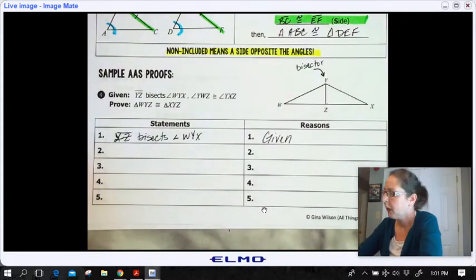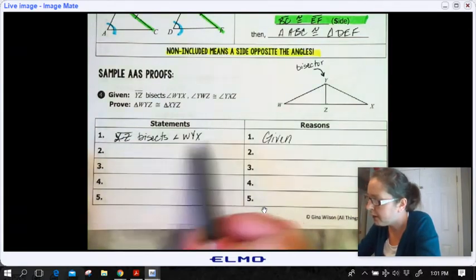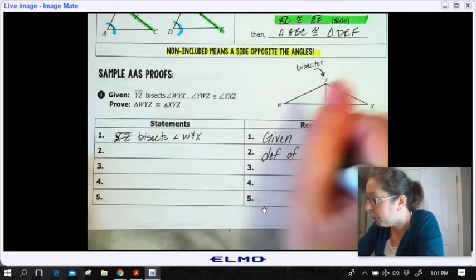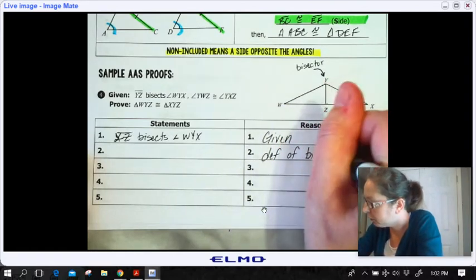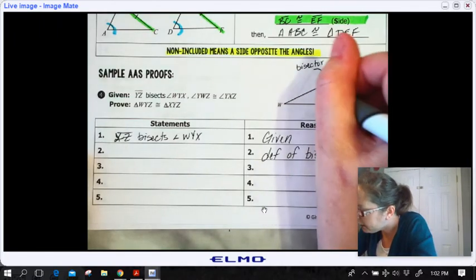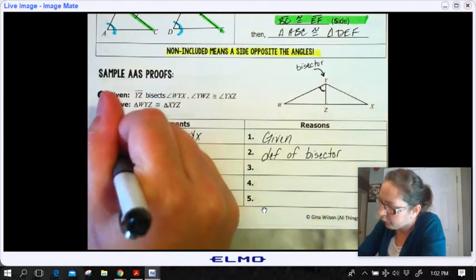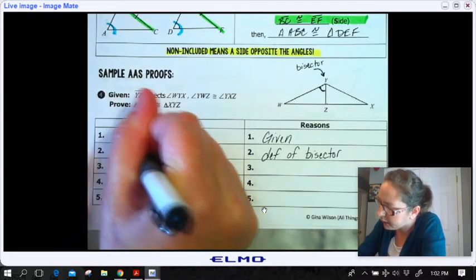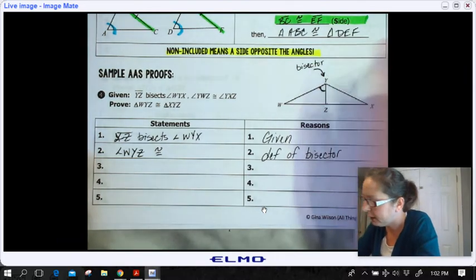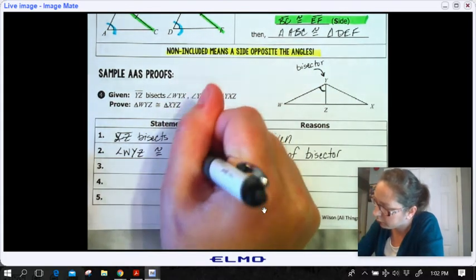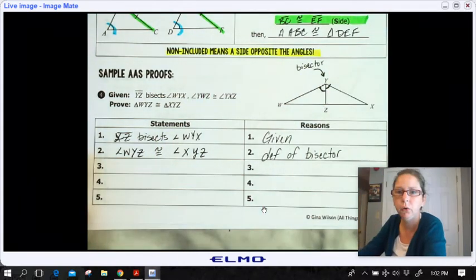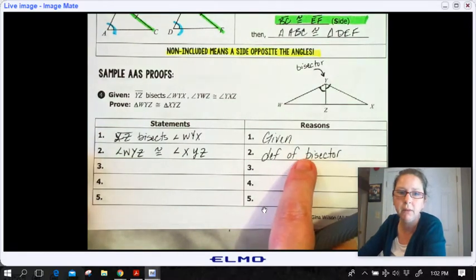I could say from the definition of bisector that this angle WYZ is going to be congruent to angle XYZ. These two angles are going to be congruent by the definition of what this bisector means.